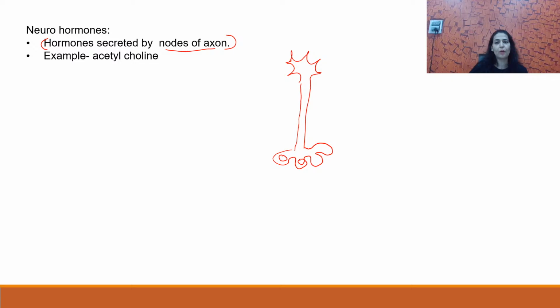These are synaptic knobs with synaptic vesicles. This usually has neurotransmitter, but in this particular cell it will have hormone. The hormone is stored in this vesicle. This is seen in the hypothalamic neurons.